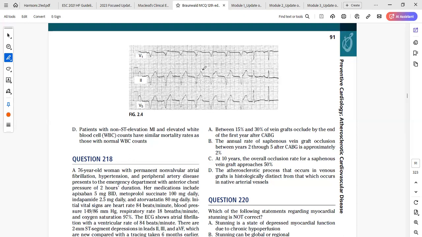You know, in VT there is AV dissociation. So at times there is a conduction of impulses from the atrium to the ventricle through the AV node. We now have the capture beat. That's why you have it as a narrow complex. Do you get my point now?